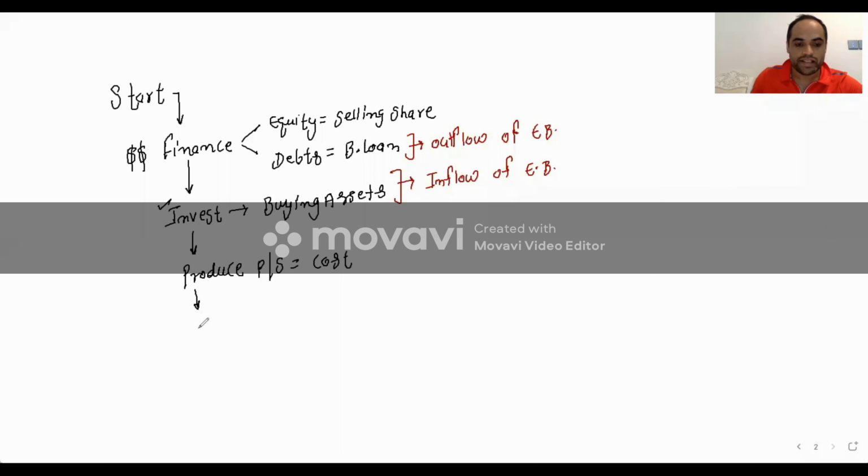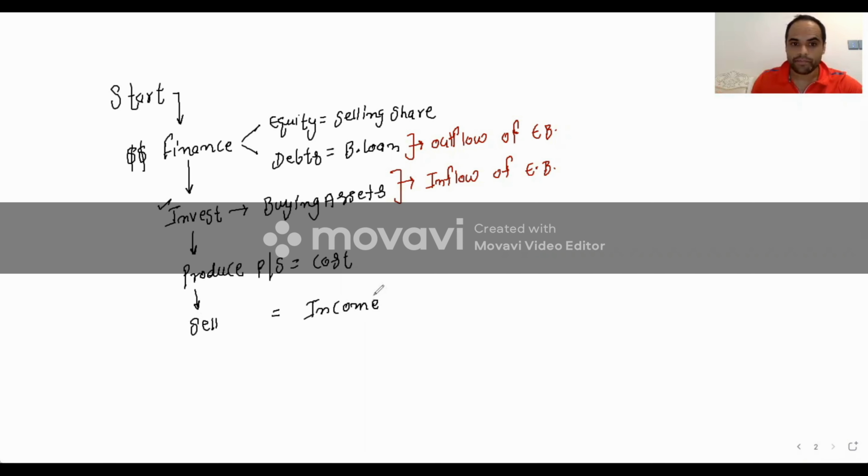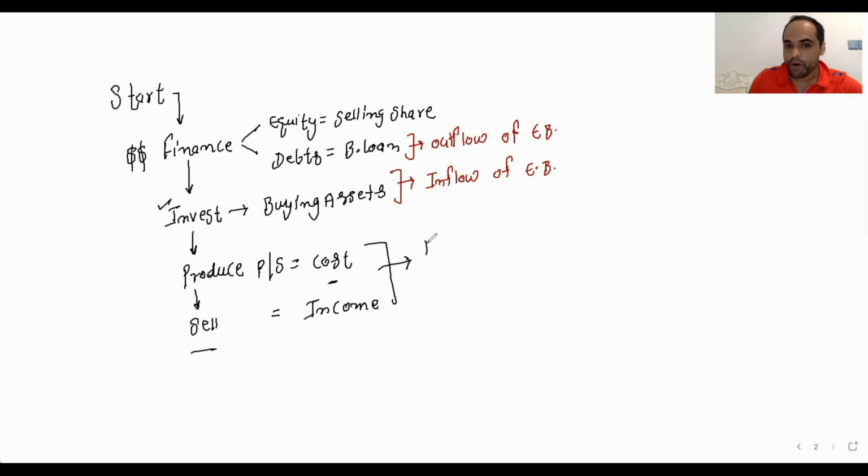After you produce, you're going to sell. This is called sales, right? Sales or income, money that you're going to earn. And you know that income minus expense or sales minus cost will be profit.